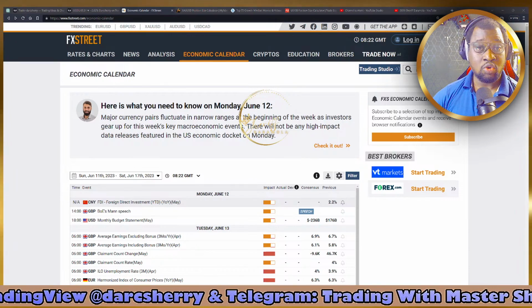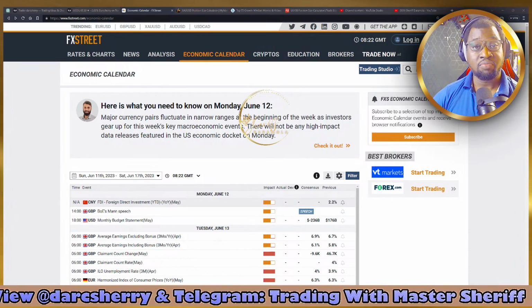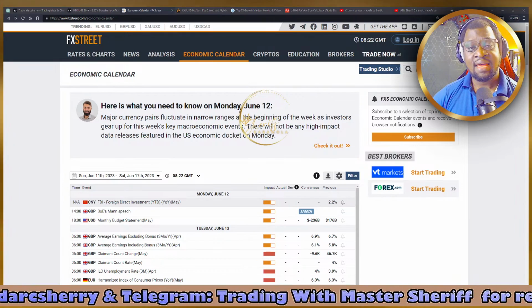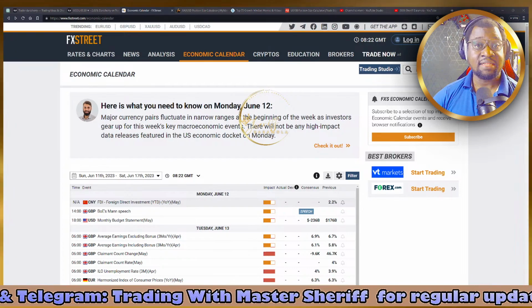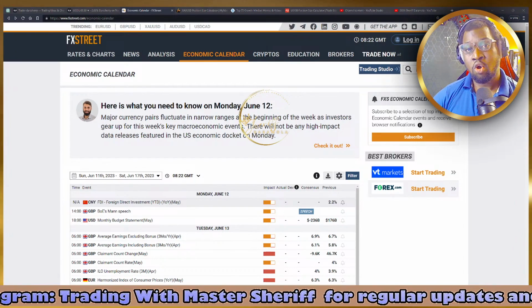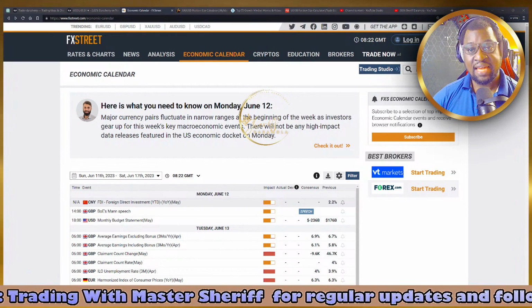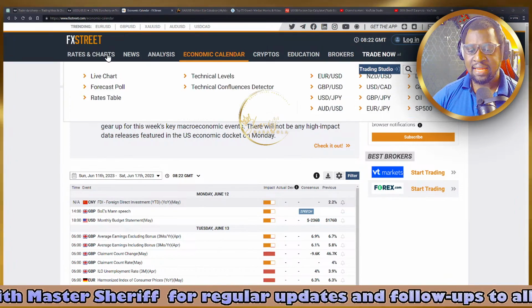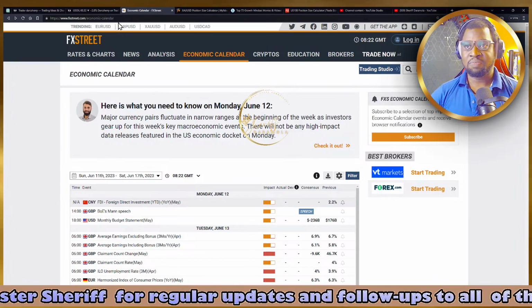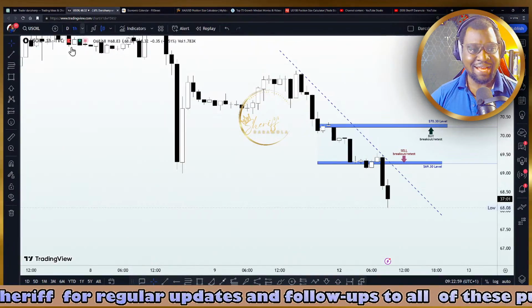And obviously, when you look at the chart patterns or the price movement, it gives us an insight into the psychology of the participants in the market, which will also give us a clue of how to position ourselves ahead of this major event. So with that being said, let's dive right into the business for today as usual.